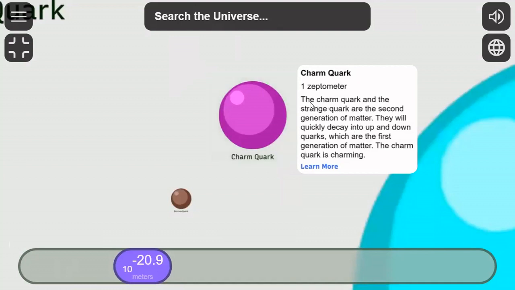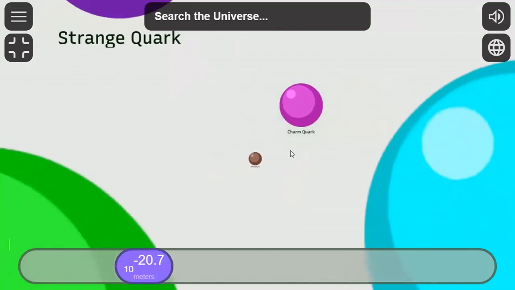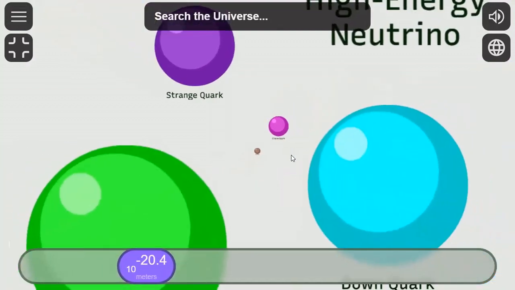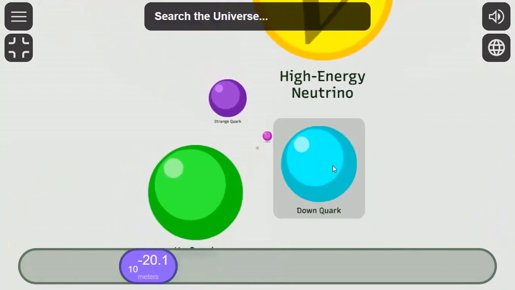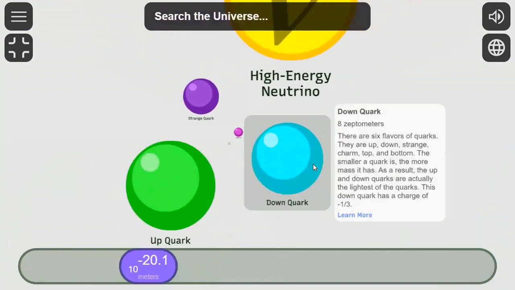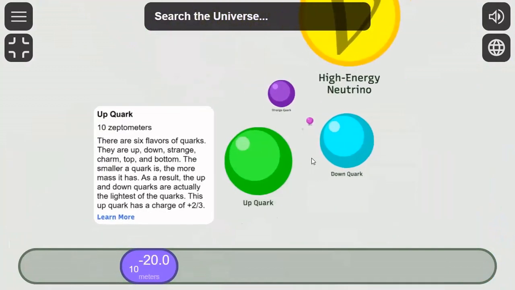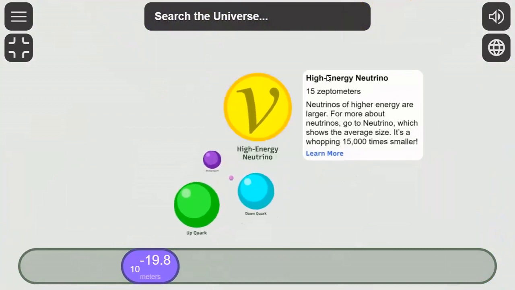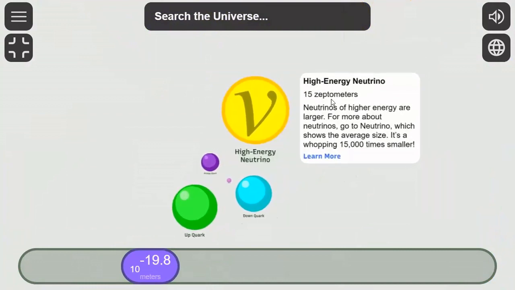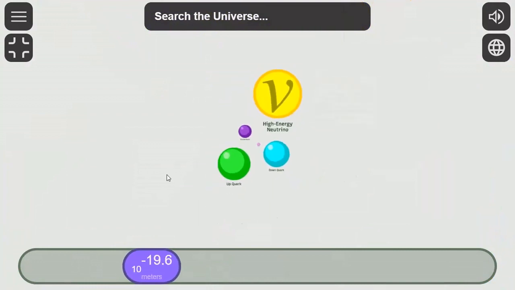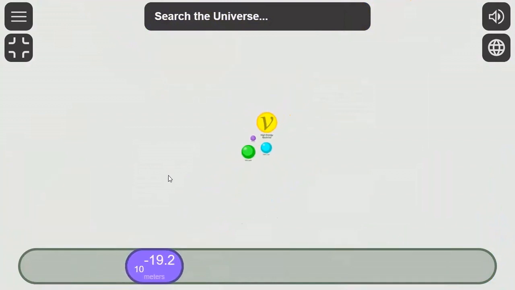So these are the different units we actually use from the smallest to the largest objects. And then about 10 raised to the power minus 20.1 meters: down quark, up quark, high energy neutrino. Wow, this is so amazing.